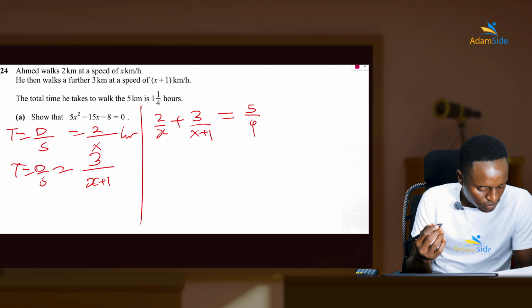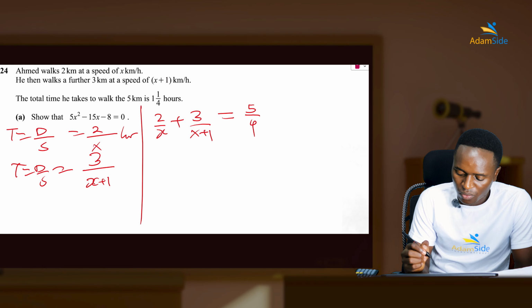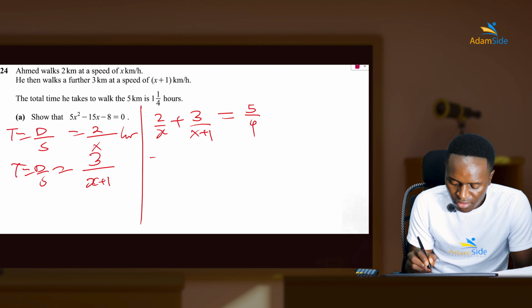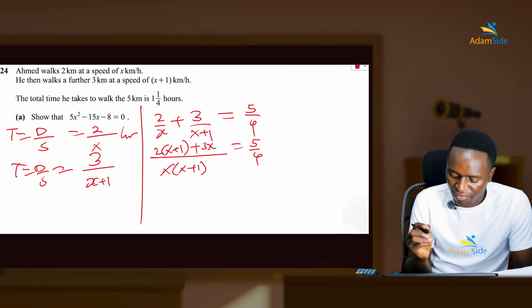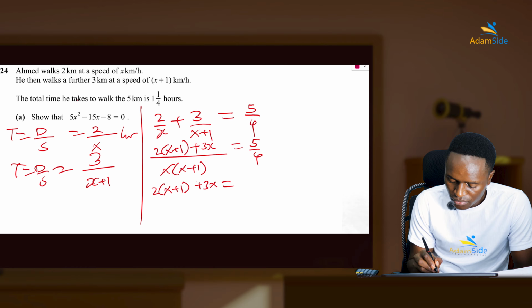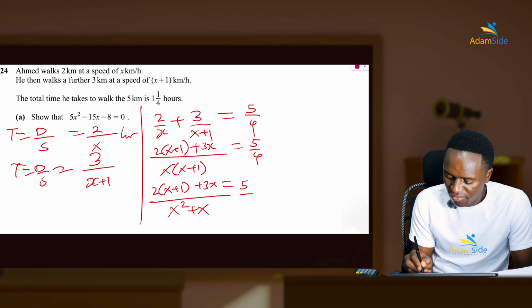Then we cross multiply. When you cross multiply, we can come up with this. Let's have a single denominator, x times x plus 1. We will have 2 into x plus 1 plus 3x, over x squared plus x, is equal to 5 over 4.